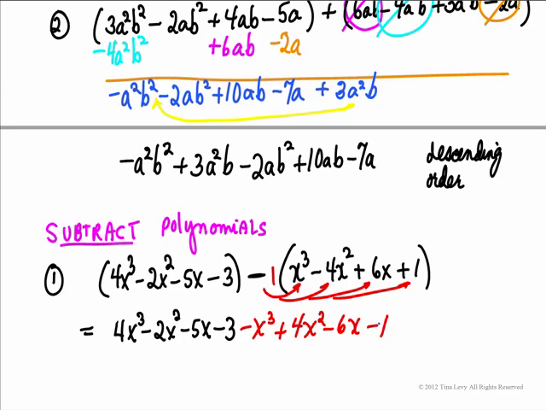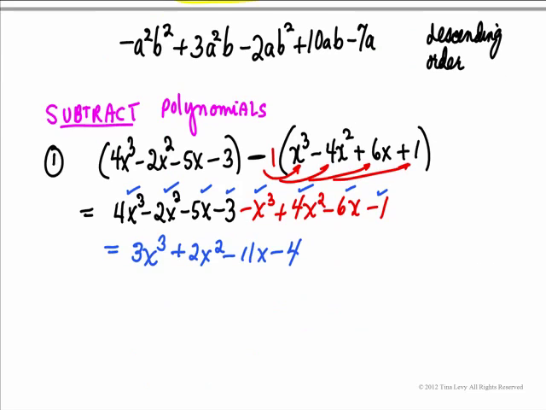Negative 1 times 1, minus 1. We're now ready to combine those like terms. 4x cubed and negative x cubed is 3x cubed. Negative 2x squared and positive 4x squared is positive 2x squared. Negative 5x and negative 6x, negative 11x. Negative 3 and negative 1, negative 4.